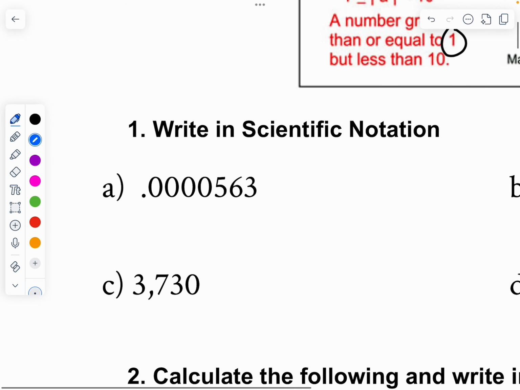Let's start with the first one. So, of course, this is just like our quizzes or tests or things that you see on your exams, SBAC, all the fun stuff, right? We need this decimal to not be over here. We need the decimal to be over here.